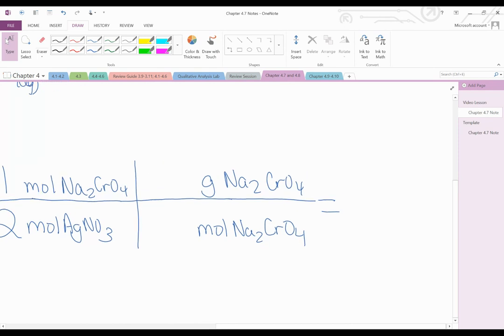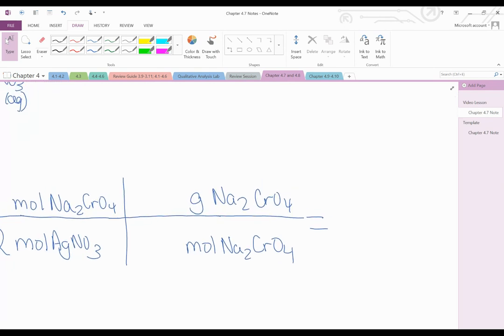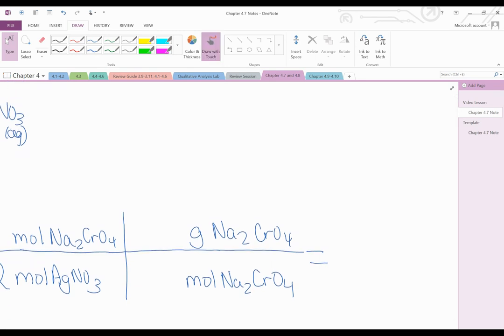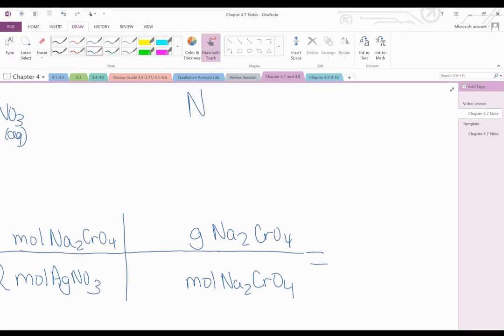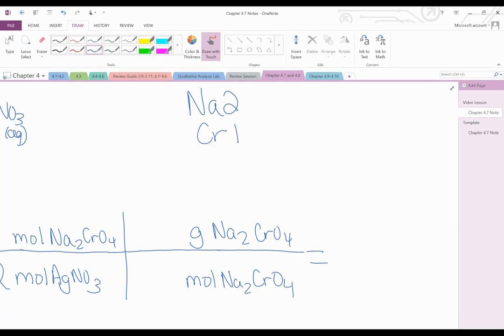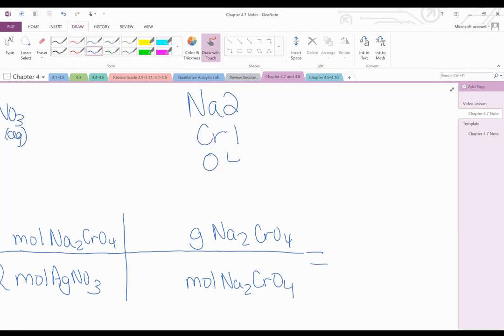And then I need to calculate the molar mass of sodium chromate. I have sodium, 2 of them, chromium, 1 of those, and I have 4 oxygens. Sodium is 22.99.